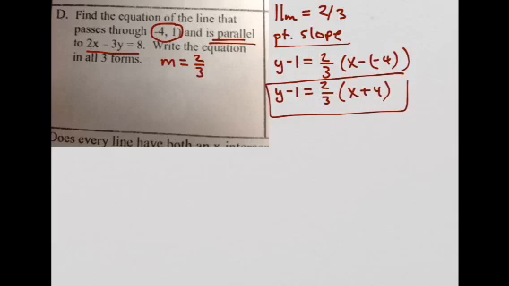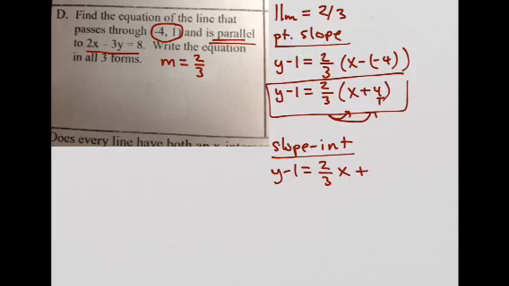For slope-intercept form, we're going to distribute the 2/3. So that's going to become y minus 1 equals 2/3 x plus, again, if it helps you put a 1 underneath the 4. 4 times 2 is 8, 3 times 1 is 3, so that one does not reduce or simplify, so it's just 8/3. I'm going to add a 1.